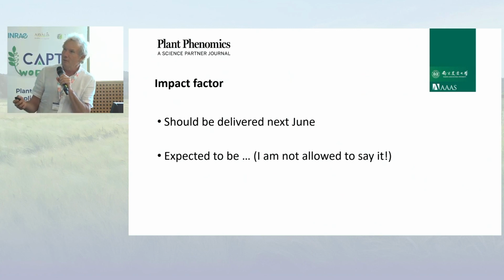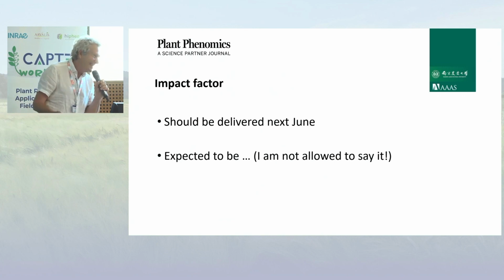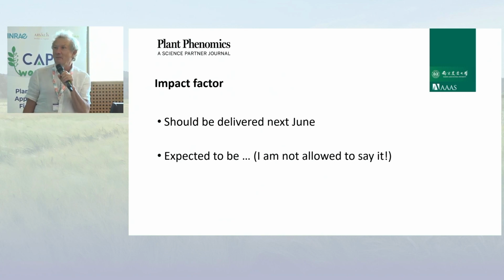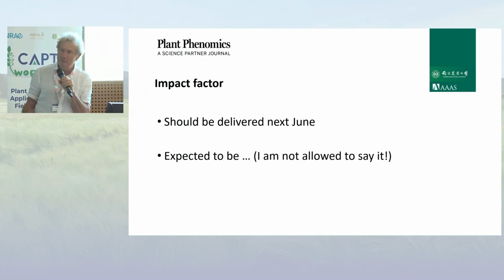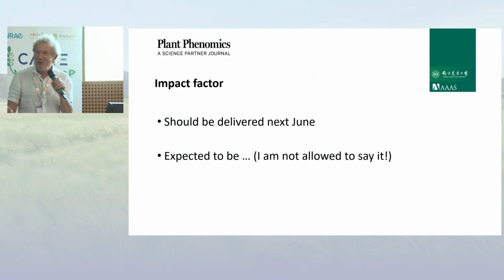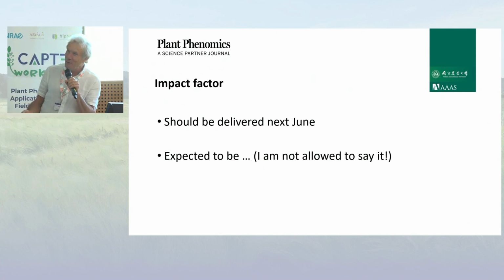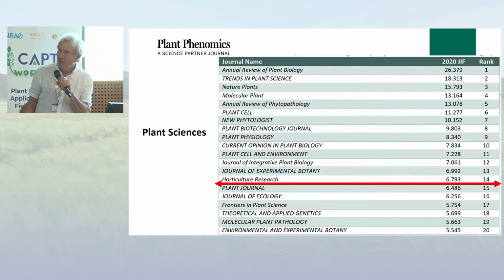The impact factor, so we don't have it yet, but we should have it next June 2022. I'm not allowed to say what it would be, but I've got some tables.